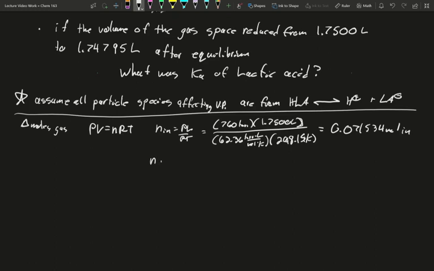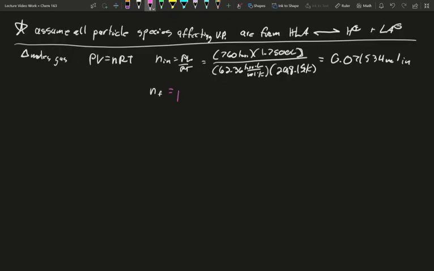Well, the n final, that's still going to be PV over RT. The only difference is our volume changed. It's still 760 torr out today. And if you've got a balloon, remember your pressure inside your balloon is going to be equal to your pressure outside. I suppose we could account for the stretchiness of the balloon, but we're making the assumption that stretchiness doesn't affect our pressure here. And so our internal pressure of the balloon must equal the outside pressure.